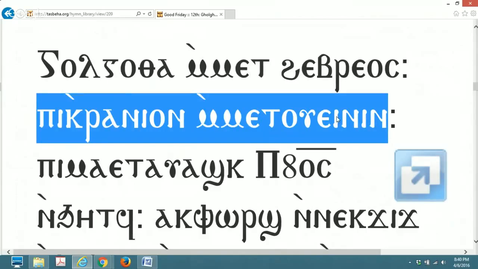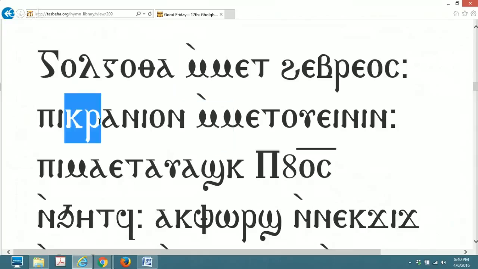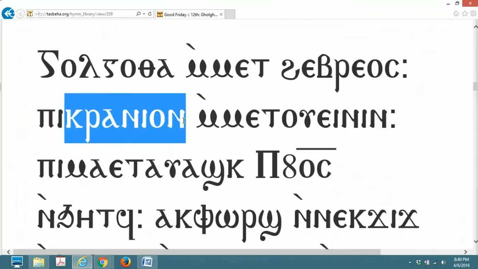So basically, it's talking about the mountain, Calvary, where Jesus was crucified. And just in case, it means the skull. So Golgotha means the skull in Hebrew, and kranion is like a cranium. You've heard of the word cranium, especially if people are in the medical field. It's the Greek word for skull also. Same thing with Calvary.